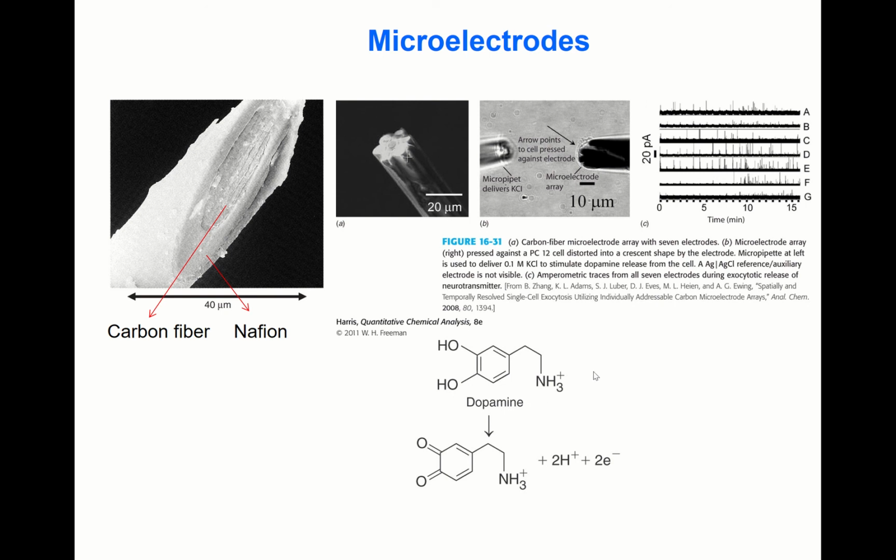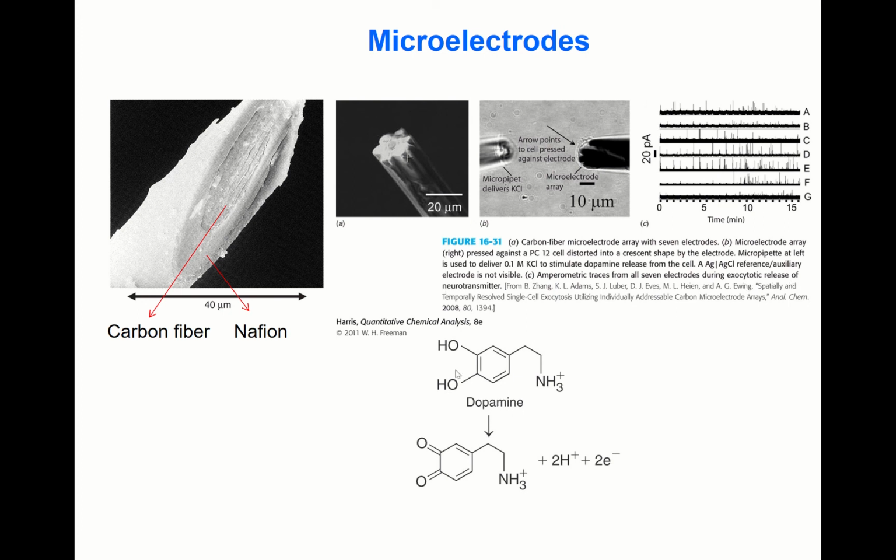You see, let me see. This response, this C is the amperometric traces from all 7 electrodes during exocytotic release of the neurotransmitter dopamine.